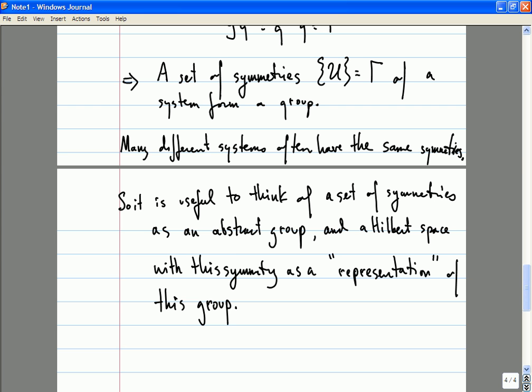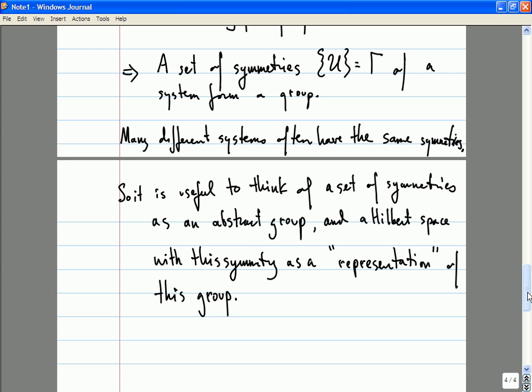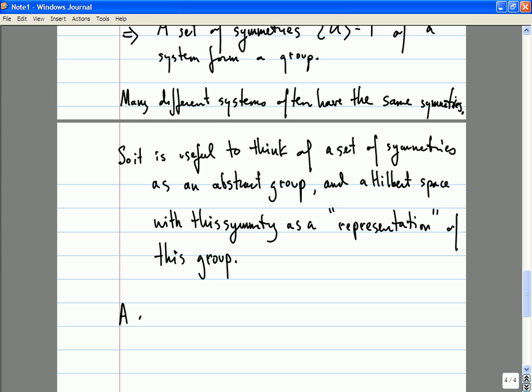Now, what do I mean by this word representation? Well, what do we mean? A representation of a group gamma is, formally speaking, a map, or, well, let me try and not say this too mathematically.